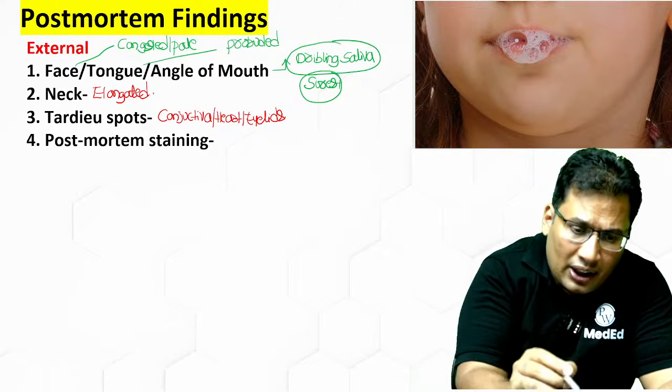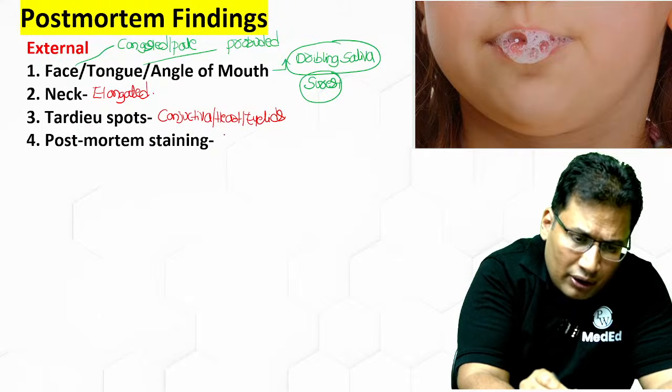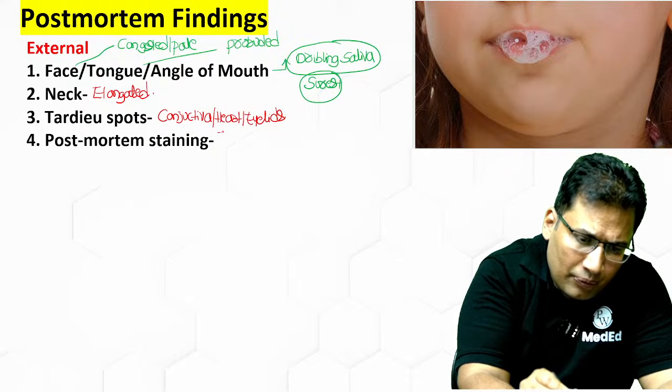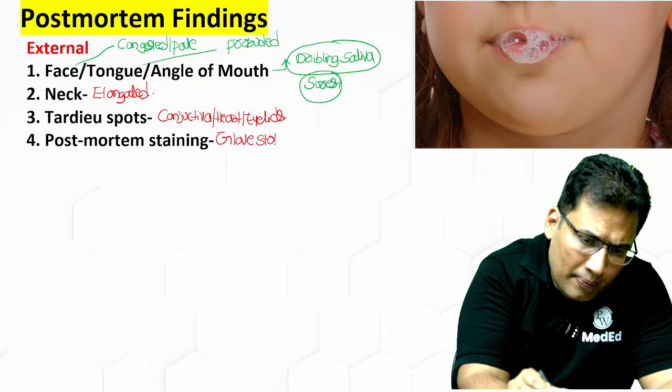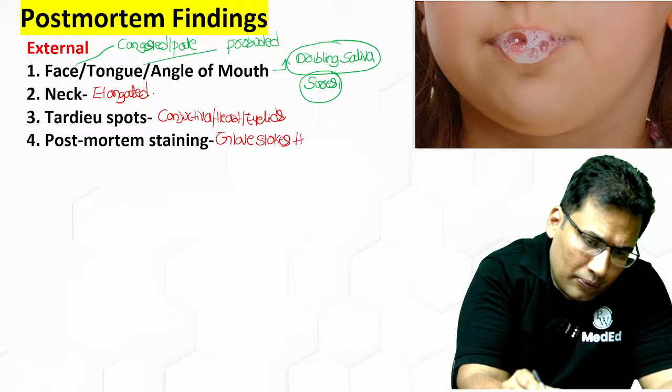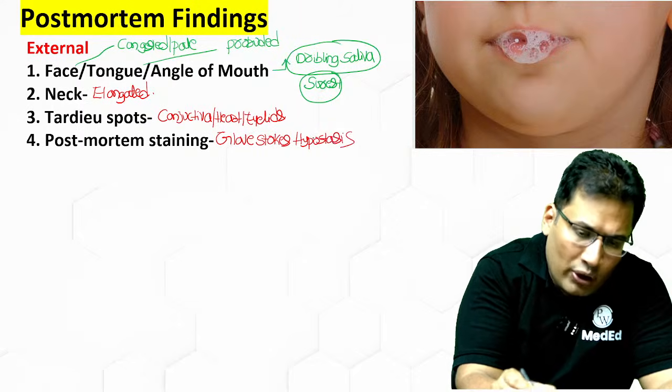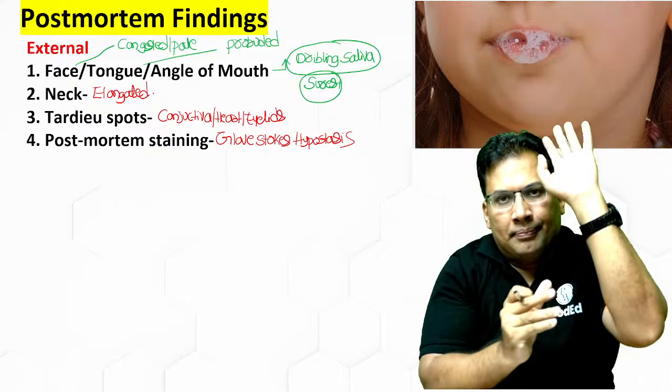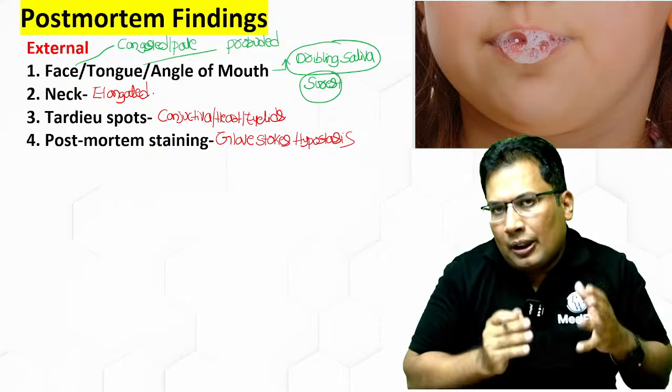Postmortem staining is usually in the gravity area, that is glove and stocking hypostasis, over the lower part of the upper limb and lower part of the lower limb.